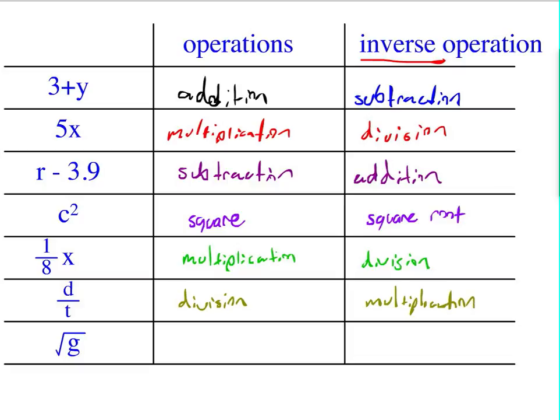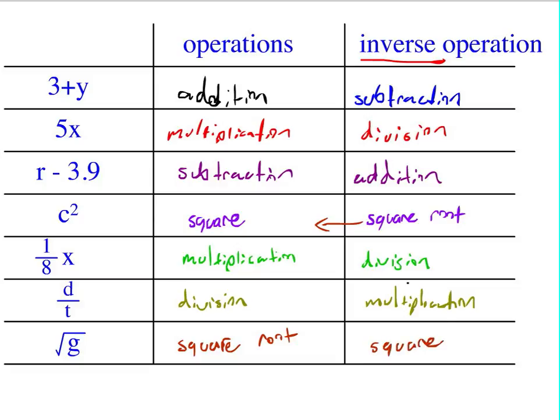And finally, we have the square root. So the square root is our operation. And the inverse of the square root, as you saw in one of the previous ones, is to square it.